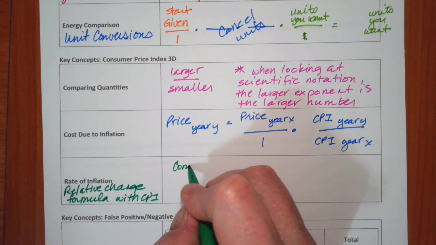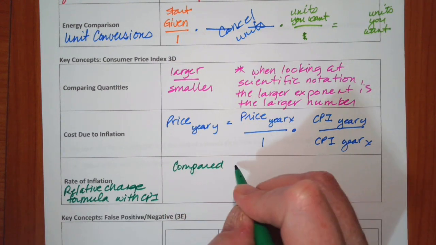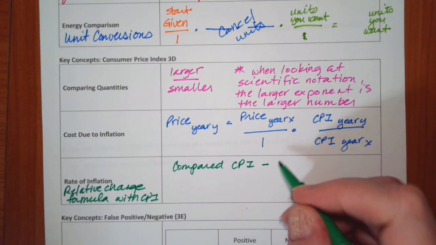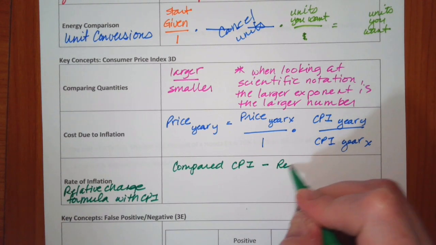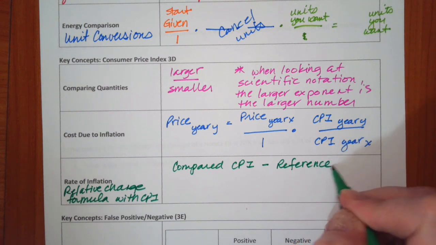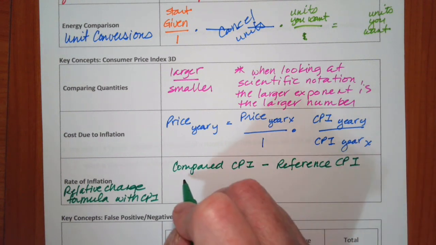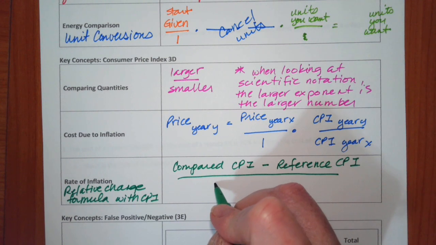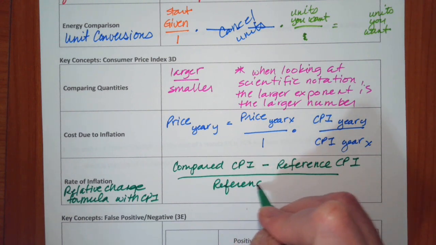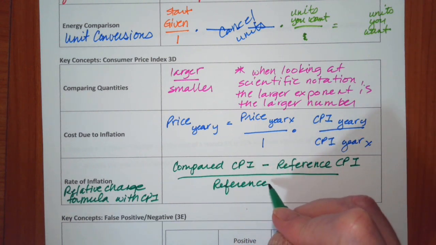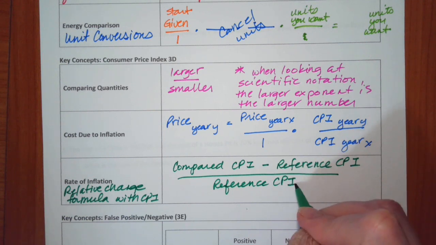So it is the compared CPI minus the reference CPI divided by the reference CPI.